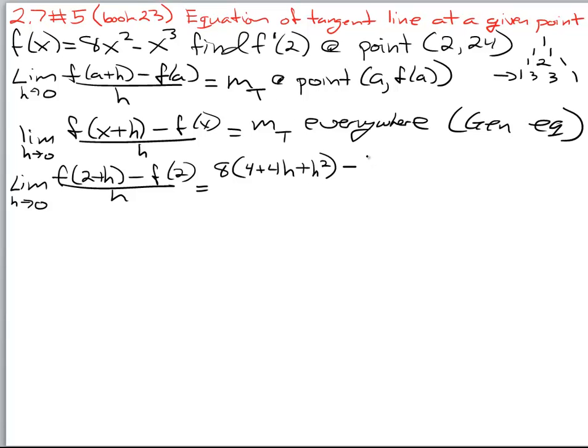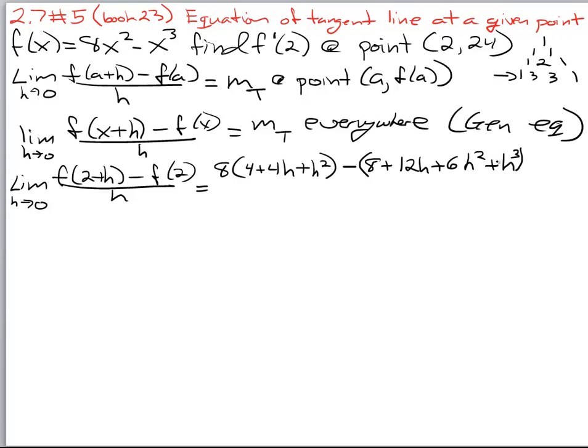So the first one is a 1 times 2 cubed, so that's just 8. And then now we have 3 times 2 squared, which is 4, so that's 12 times the h. Then 3 times 2 is 6, and then h gets squared. And then finally 1 times no 2's, but now 3 of the h's, right, h cubed.